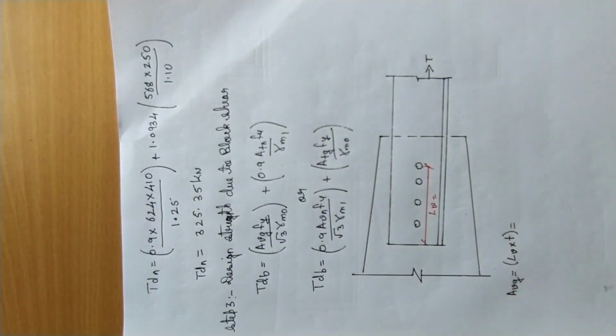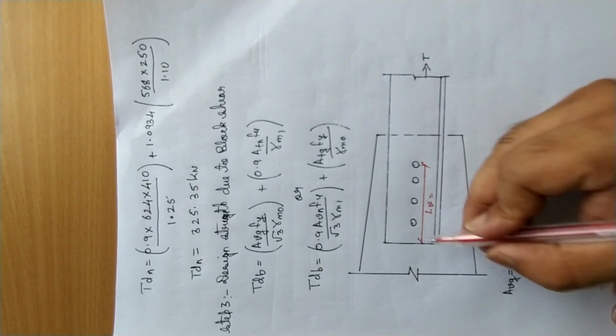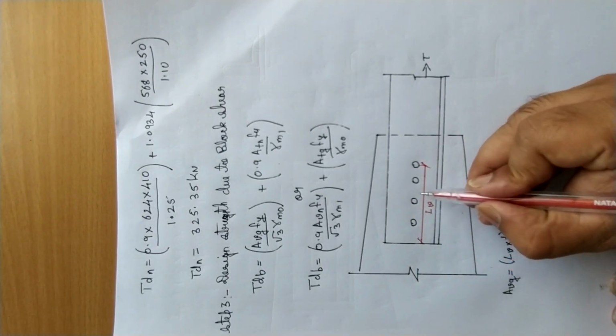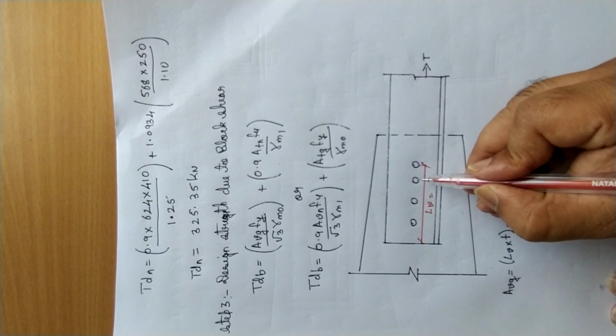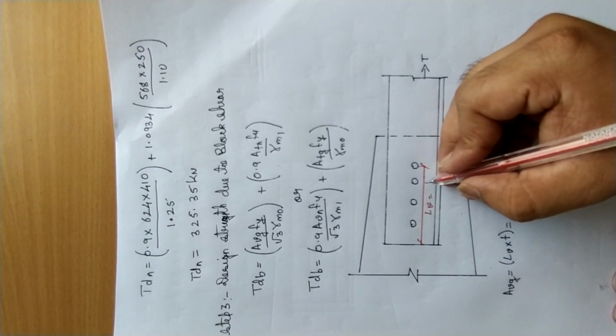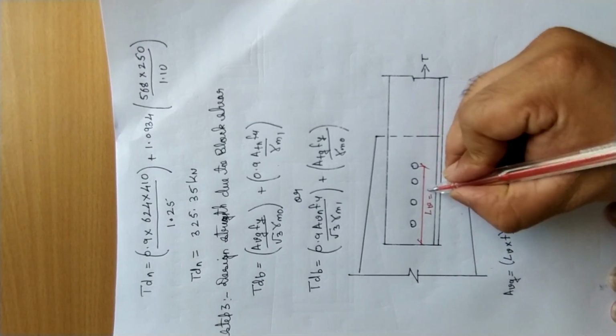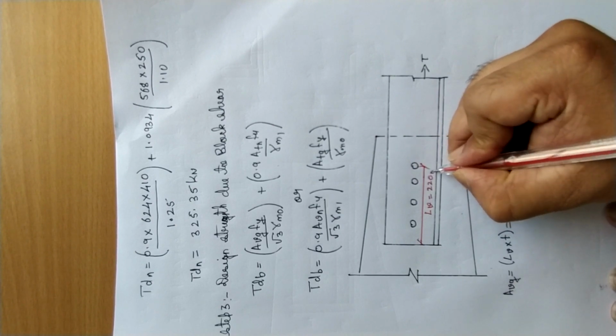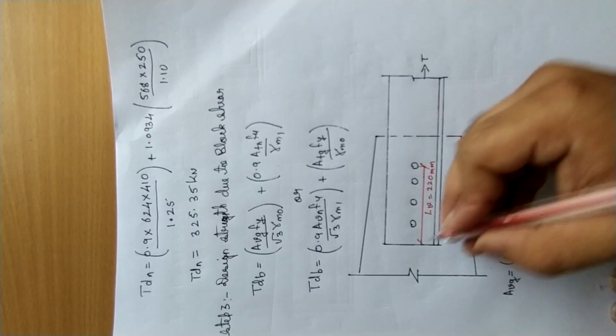So LV is the distance from here to here. That is, this is 40, this is 60, this is 60, this is 60. So it is 180 plus 40, which becomes 220 mm. This is nothing but the distance LV.